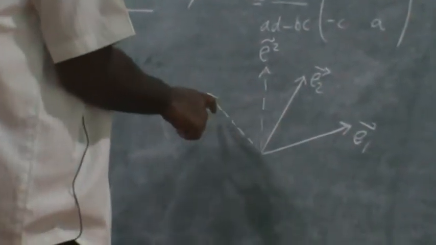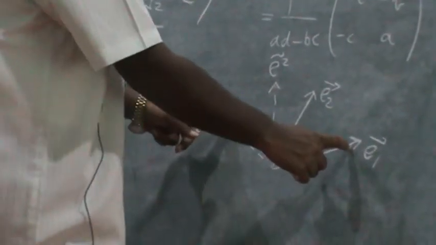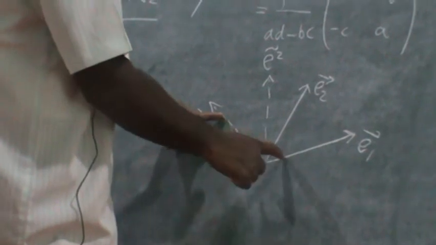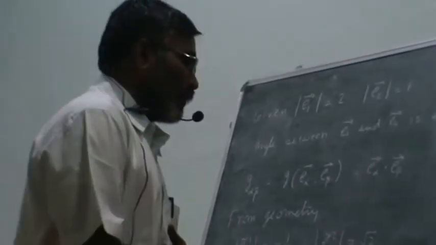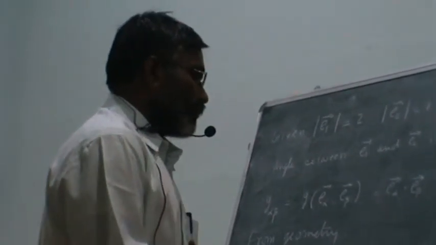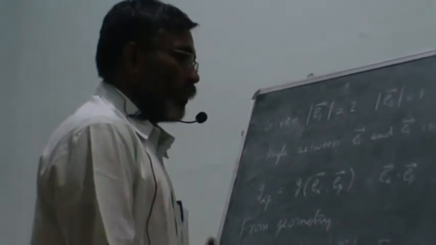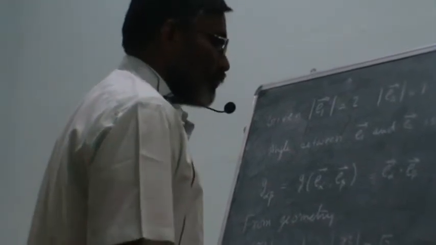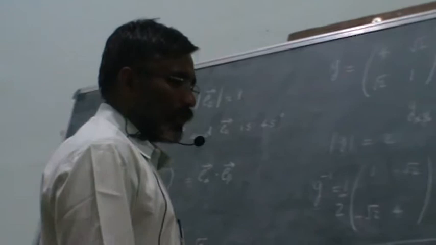So what is the angle between E1 tilde and E1? 90 plus pi by 4, correct? Oh, I do not have to. Okay, by definition, this is 1, correct?